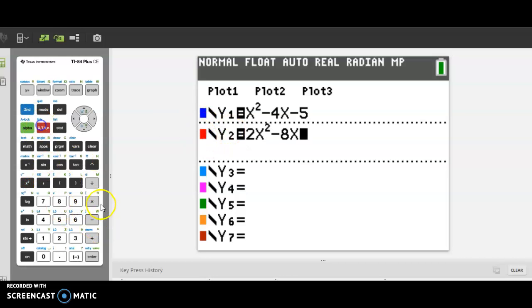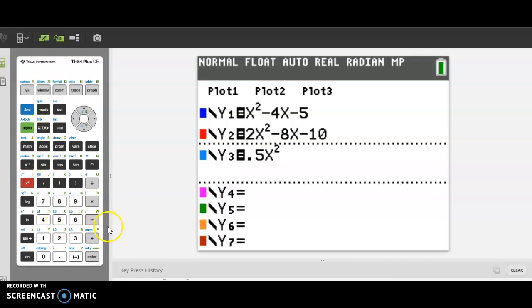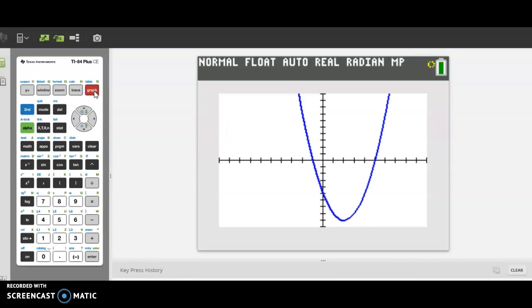Minus 8x, minus 10. And then this last one, I'm going to do the decimals. 0.5x squared minus 2x minus 2.5.